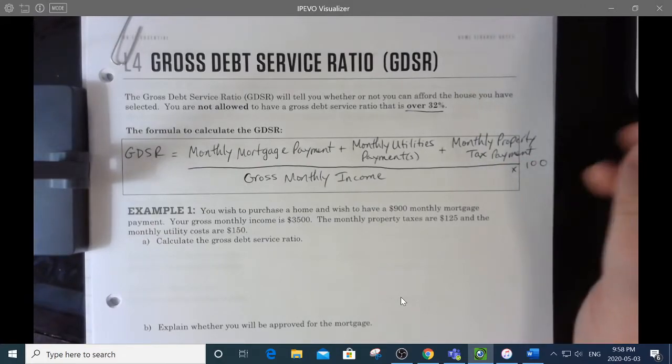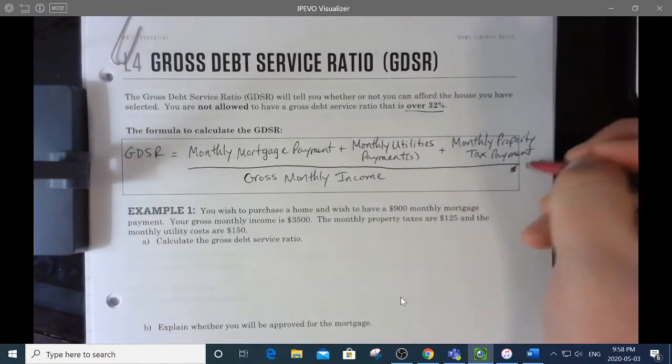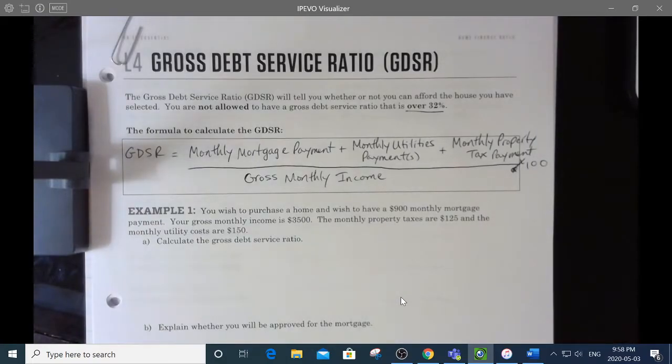So this whole thing is times 100. I should put that times up here. There we go, times 100.